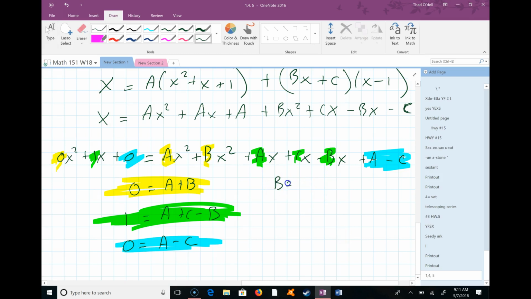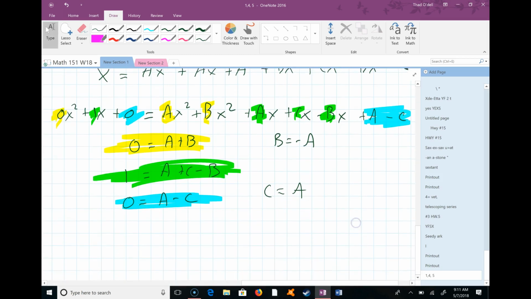That b is equal to negative a, and that c is equal to a. Just got that from the yellow and the blue equation. Because then I'll come back to this middle equation and say that means that 1 is equal to a plus a minus a negative a. Yeah?